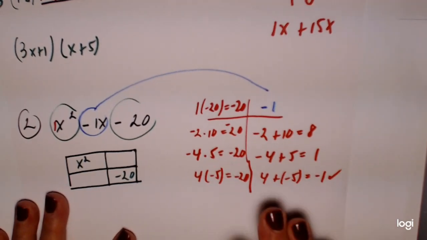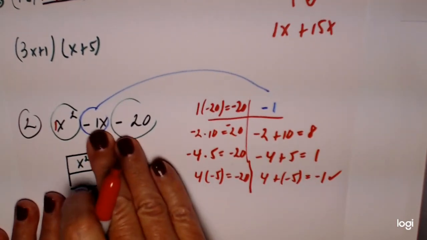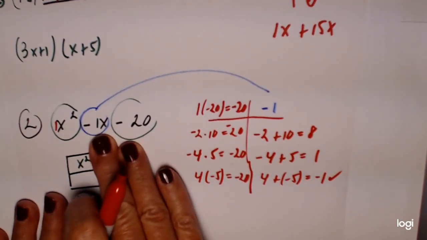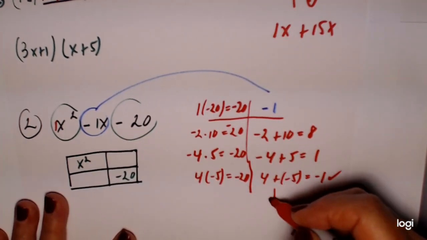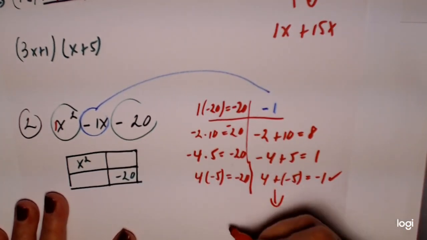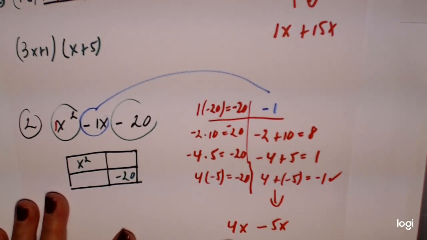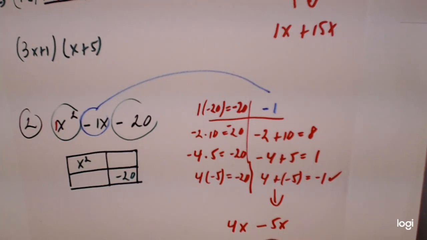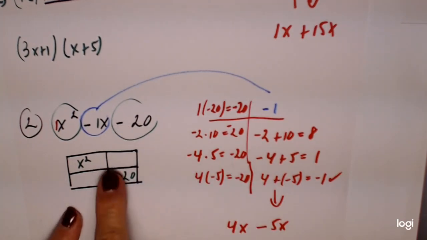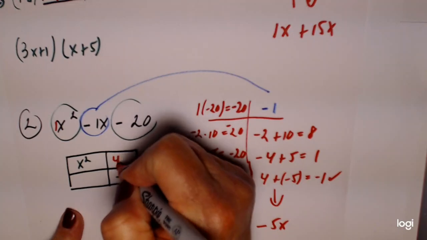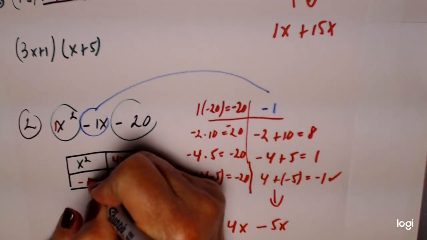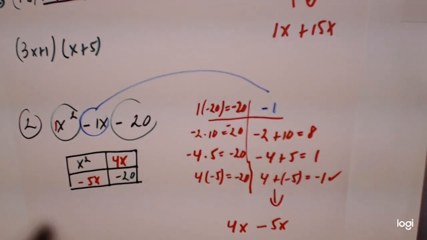And again, since we're using this to replace our negative 1x, we need to put some x's here. So this is 4x and then negative 5x, because 4x minus 5x is our negative 1x. So let's put these in the boxes here. 4x and negative 5x.